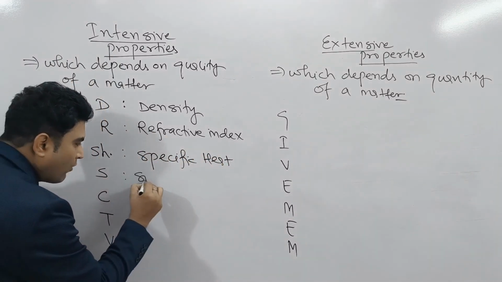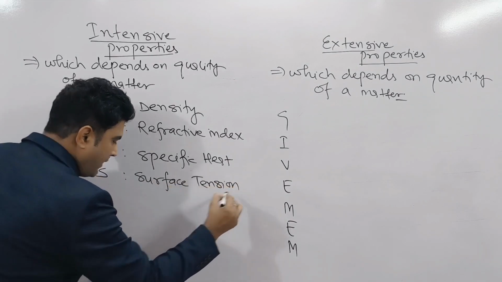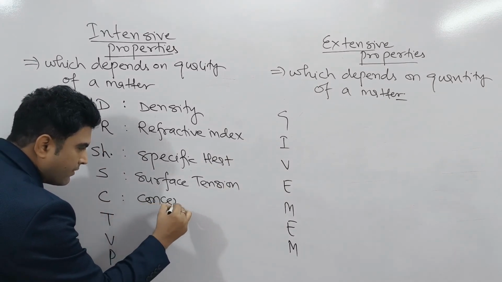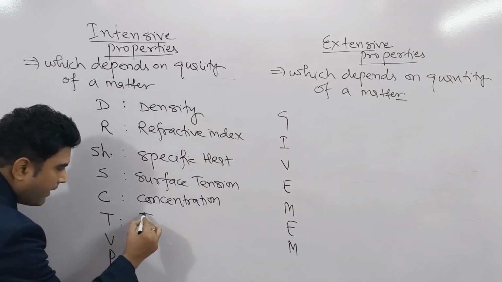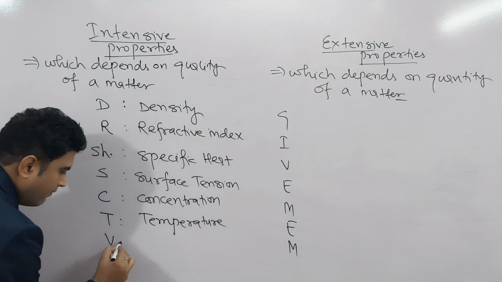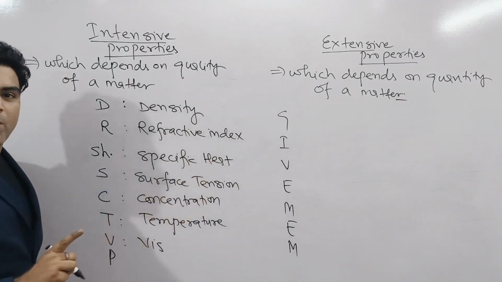And here this S stands for surface tension. C stands for concentration. T stands for temperature. V stands for viscosity. It's not volume; volume is an extensive property.